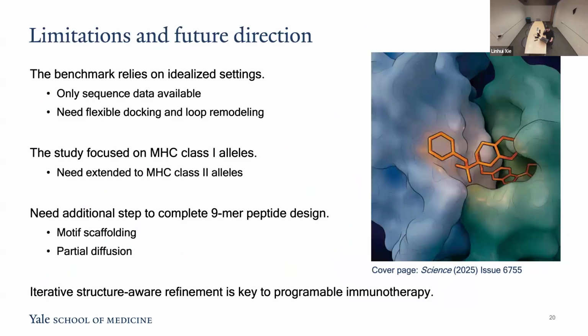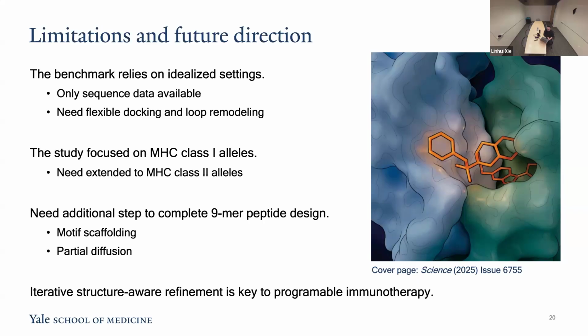And this brings us to the end, with our limitations and future directions. Our benchmark basically relies on idealized settings. We extract the high quality structures from the PDB database, and this is not the real setting. In the real setting, we probably only have the sequence information from the T-cell receptors.